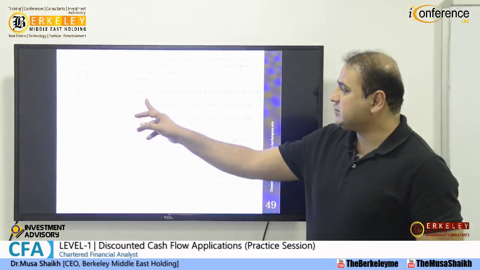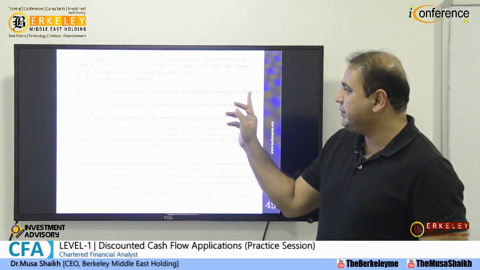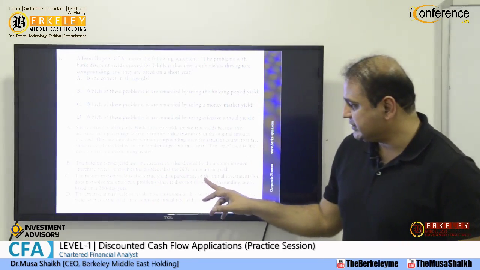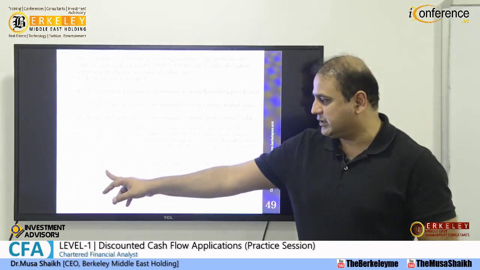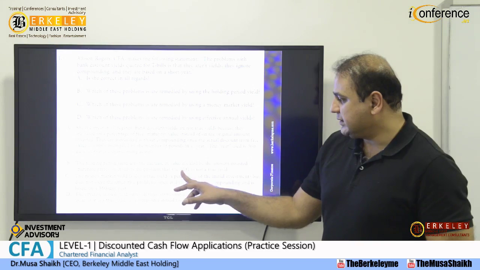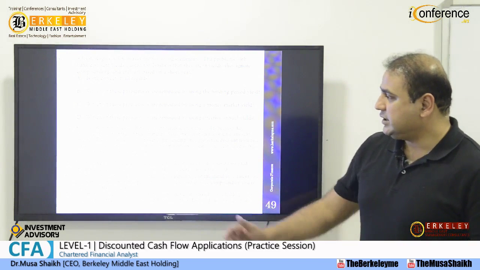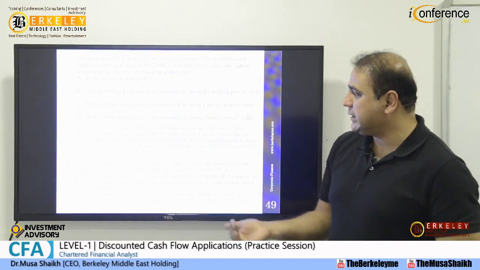B option is which of these problems are remedied by using the holding period yield. The holding period yield uses the increase in the value divided by the amount invested, the purchase price. So it solves the problem that the BDY is not a true yield. C, which of these problems are remedied by using a money market yield.